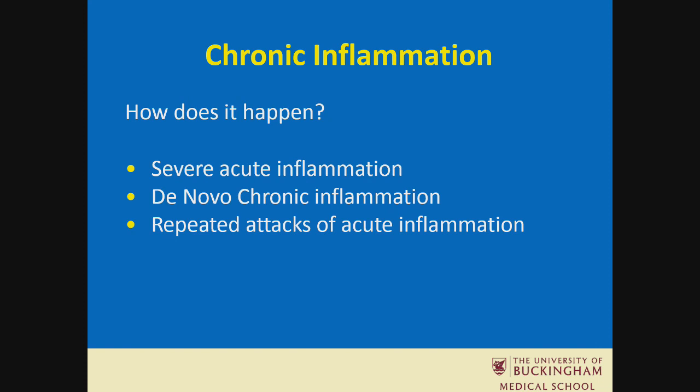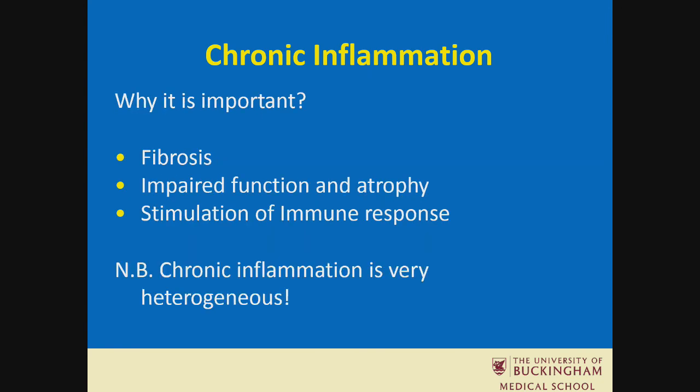Each type of cell gives us a clue regarding the etiology. Then we discussed a few examples of chronic inflammations: cholecystitis, gastritis, peptic ulcer, and the most important chronic inflammation, tuberculosis.